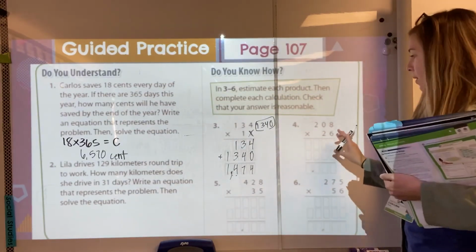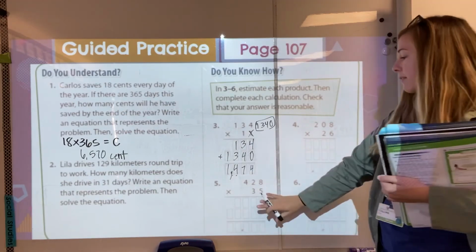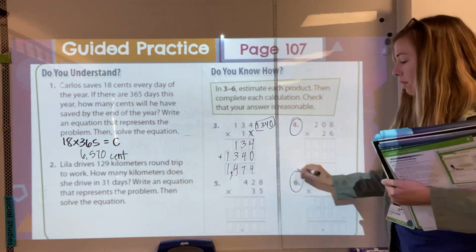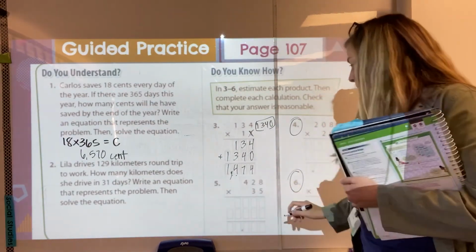Okay, let's go ahead and try number 4, and then let's try number 5. Those are a little bit bigger numbers. And I'll leave these 2 for you to do before we do group. So 428 times 35.